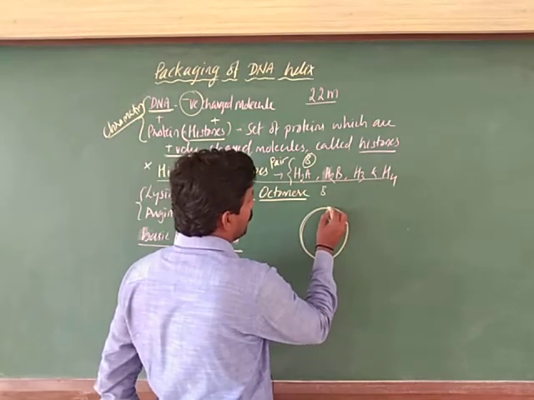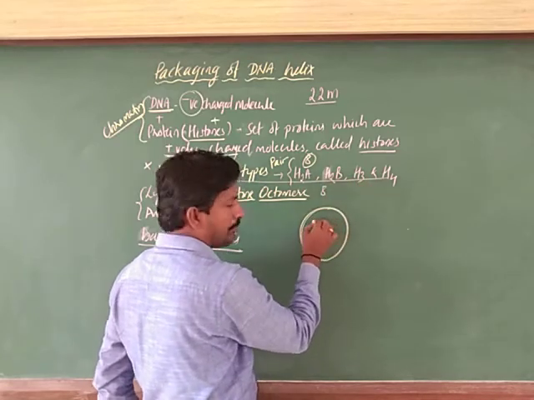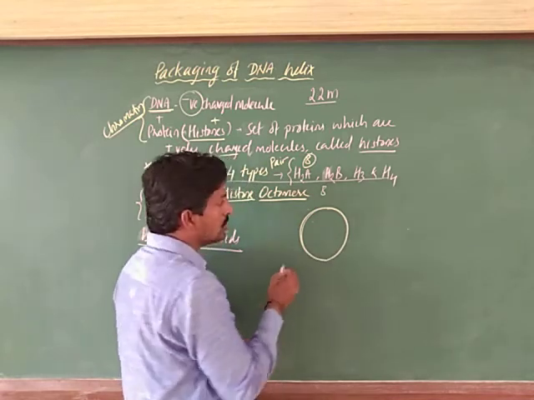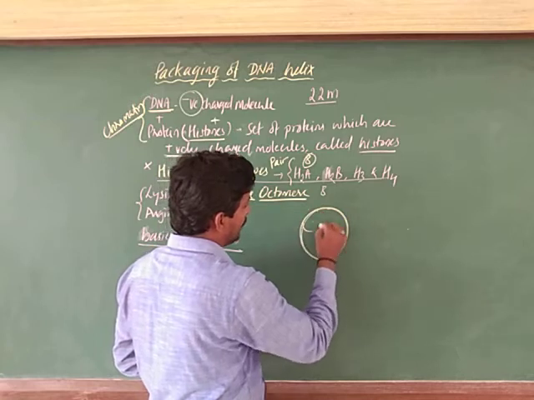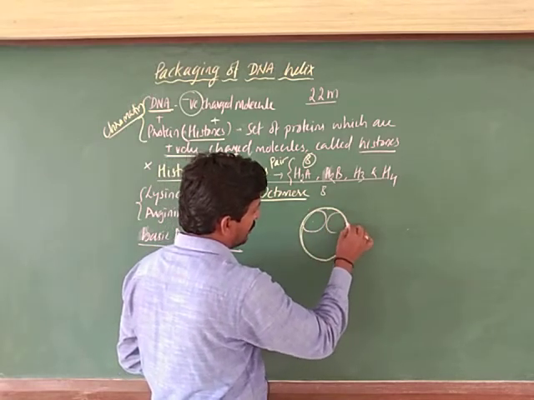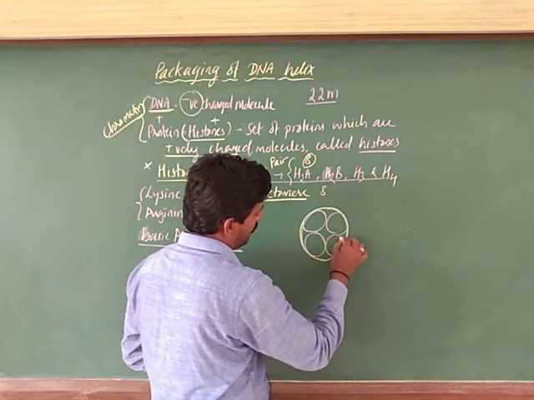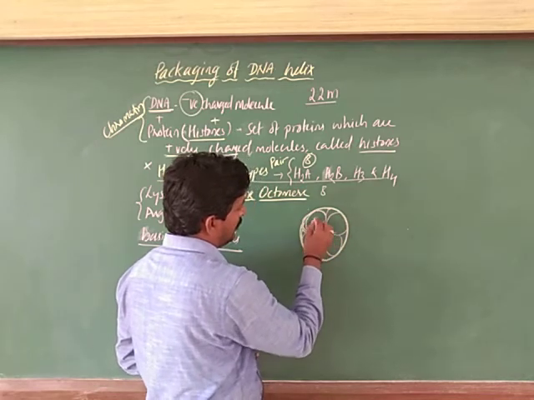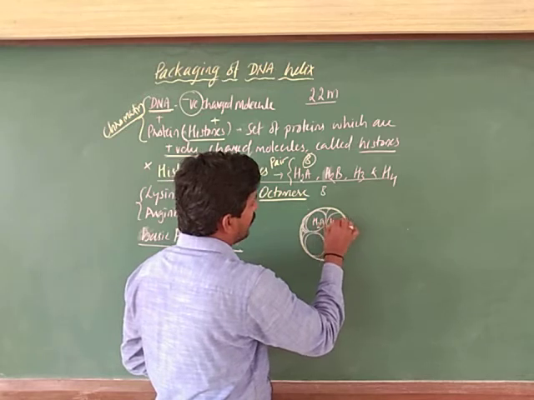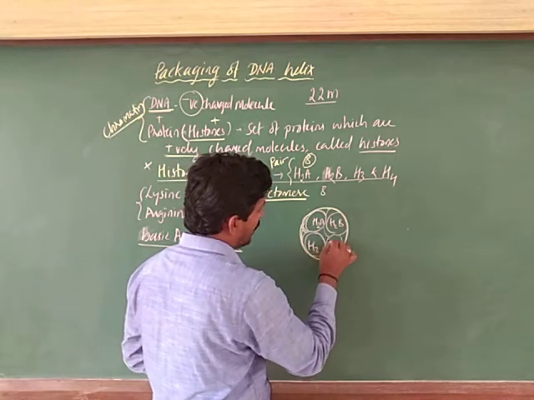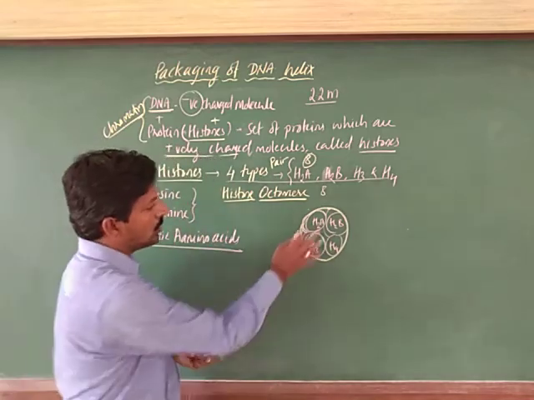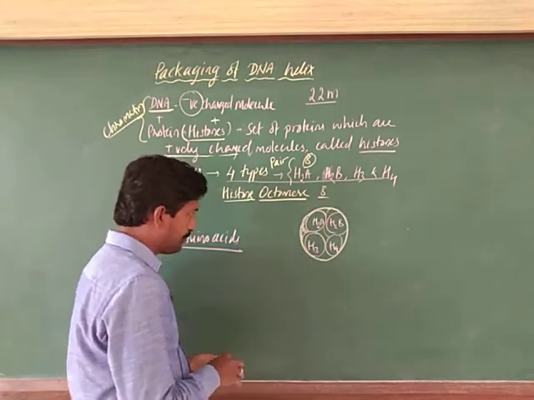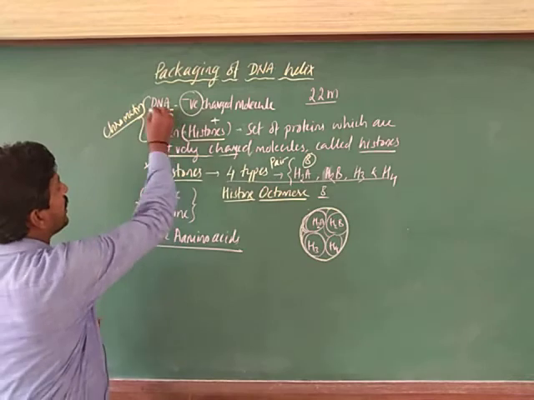In this, all 4 types of proteins exist in pairs, and it is wrapped. This now has a positive charge. This is the histone protein. You can also say it like this: H1, H2A, H2B, H3 and H4, these are the proteins. Here 4 and on the backside 4 means they become 8. Now see, the DNA is wrapped around this.